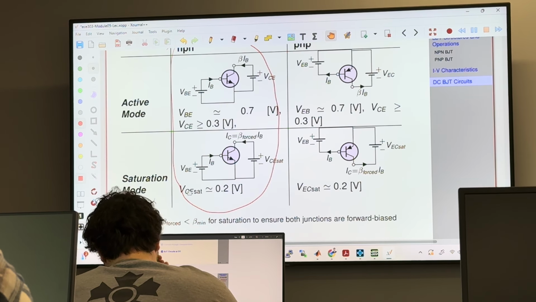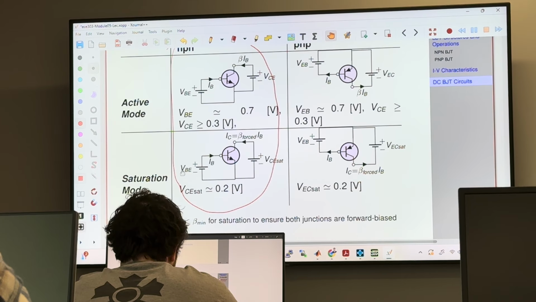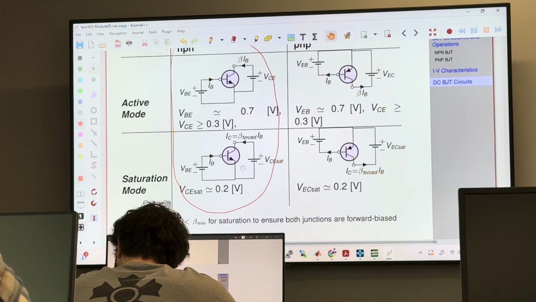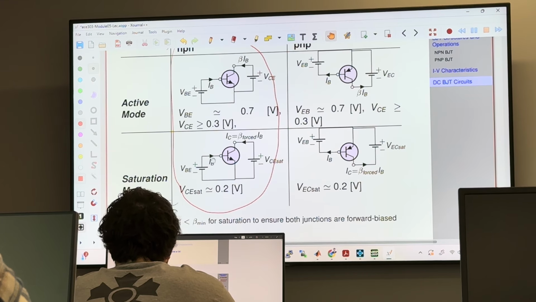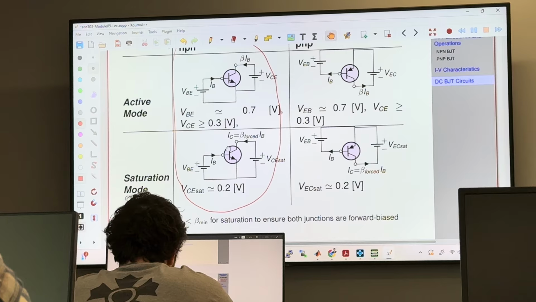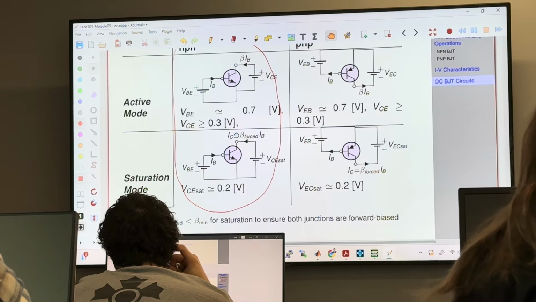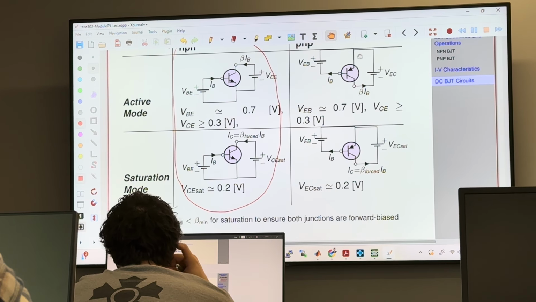In saturation mode, VCE is going to be approximately 0.2 volt, and VBE is going to be forward biased, and this part is going to be forward biased. So therefore, IC is going to be less than the IC that we have in active mode.